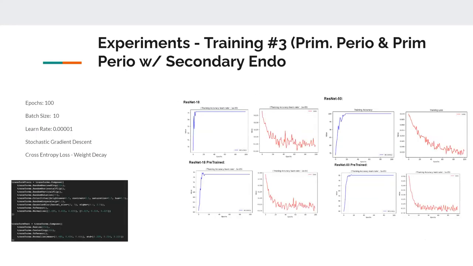In the third experiment, I was looking to see what I could do to eliminate this issue even further. I applied a pretty drastic learning rate, weight decay on cross entropy, and also augmentation of data. It's a very difficult set of transformations.